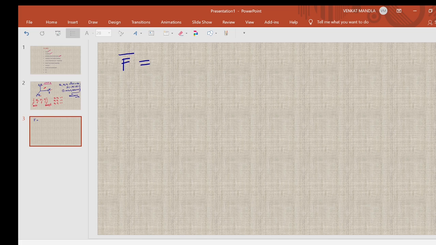Suppose it has a component fx along the x direction, fy along the y direction, and fz along the z direction. Then this vector can be represented as a linear combination of these three orthonormal vectors.